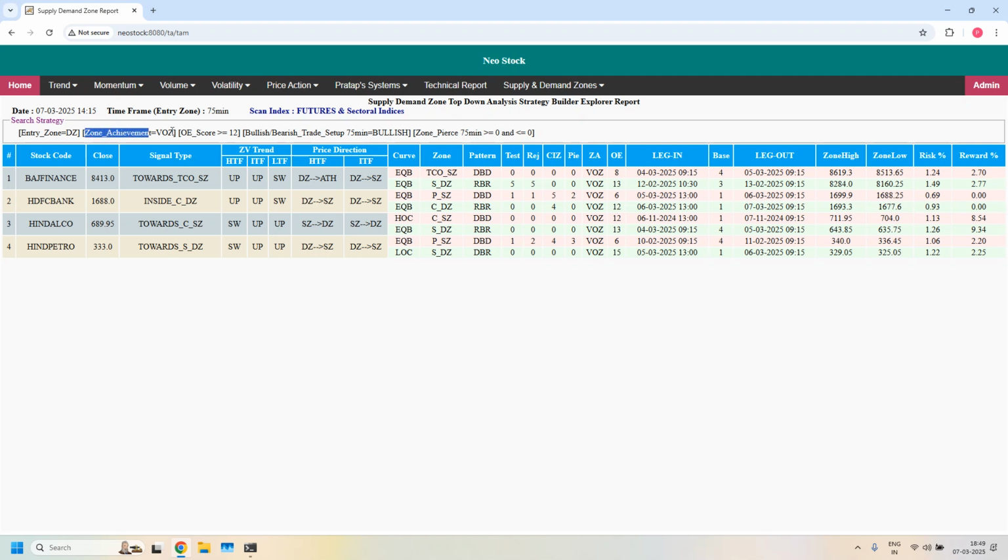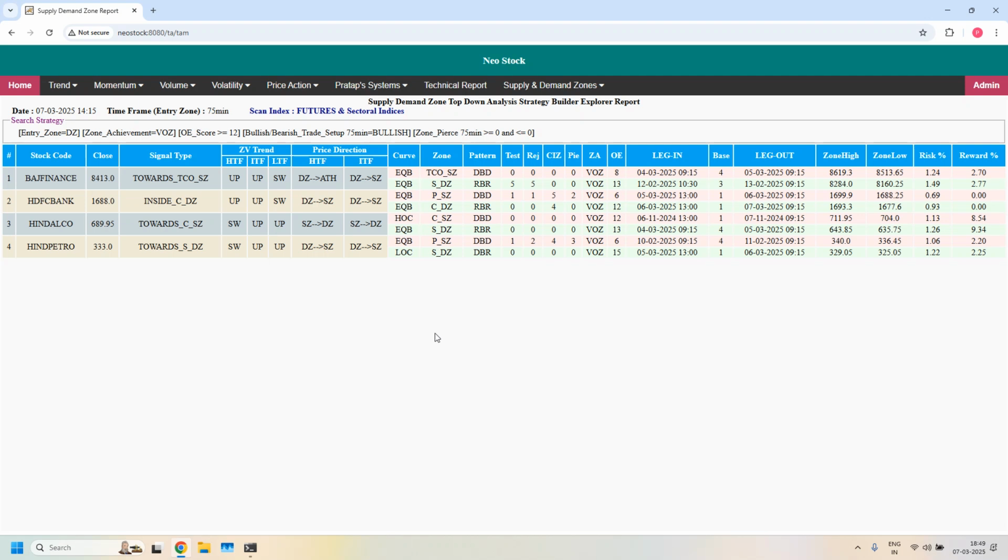The other filters what you set, this is how you should understand the reports. Any mistakes we make, we can identify in the search strategy. Okay, these 4 stocks are supporting bullish trade setup for weekly income trade. Now we can further test how many of these zones have more probability to succeed.